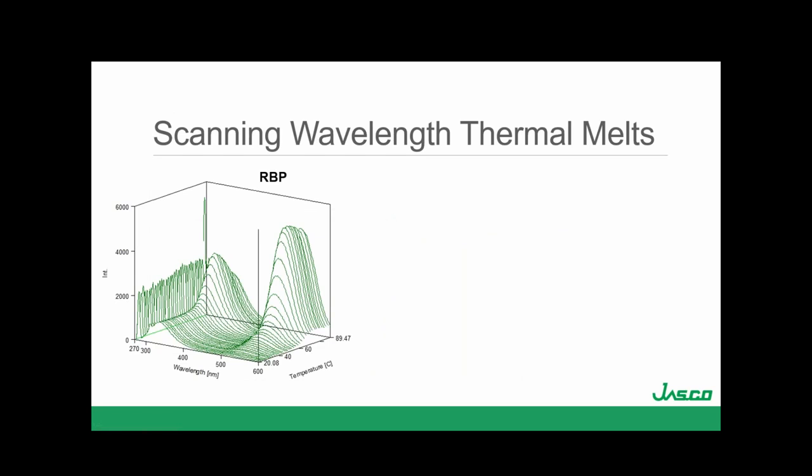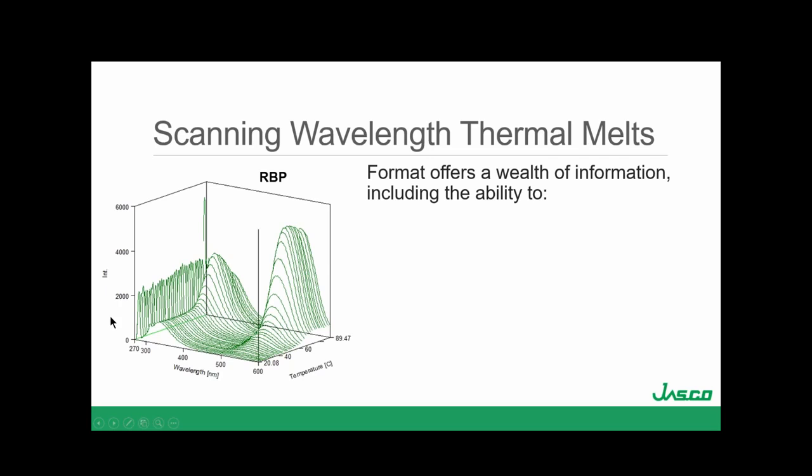Now, scanning wavelength thermal melts are going to give us a wealth of information, right? Because now, if you look at this, we've got, in this case, fluorescence intensity, wavelength scan, and then the temperature at which each wavelength scan was run. So we get this 3D matrix. This is for RBP.